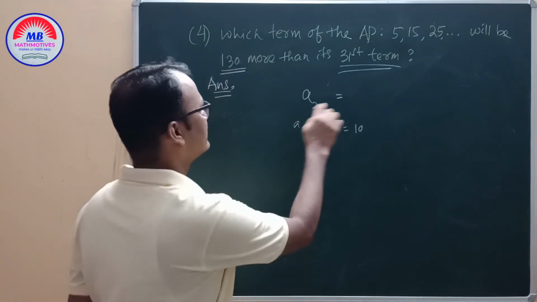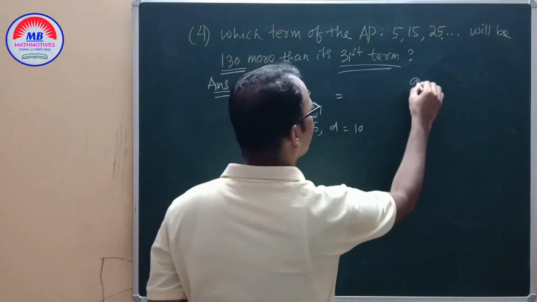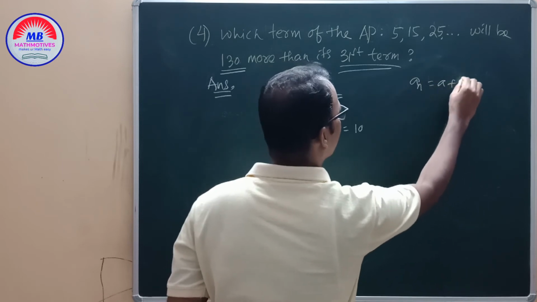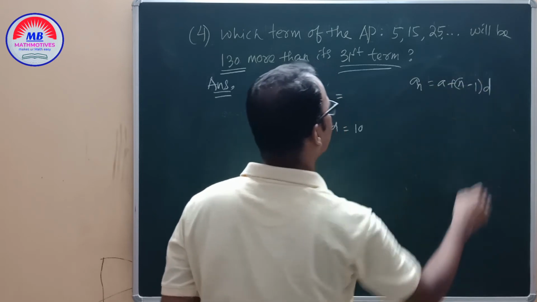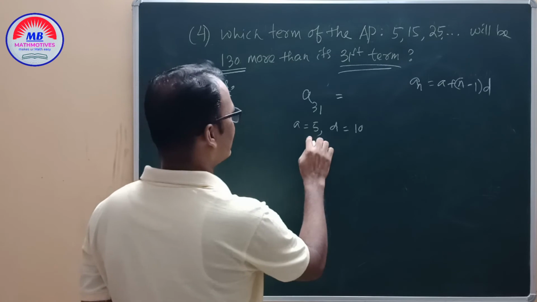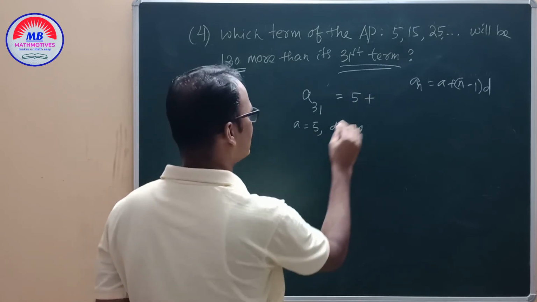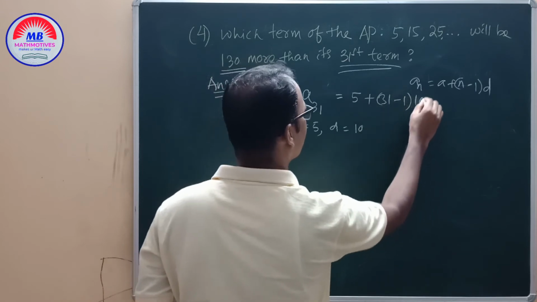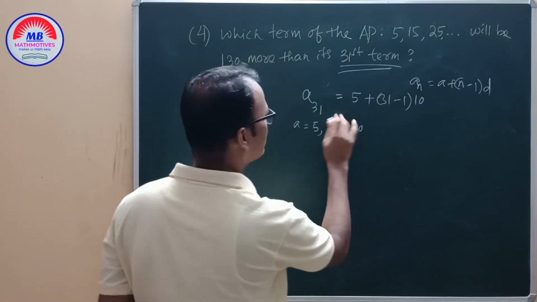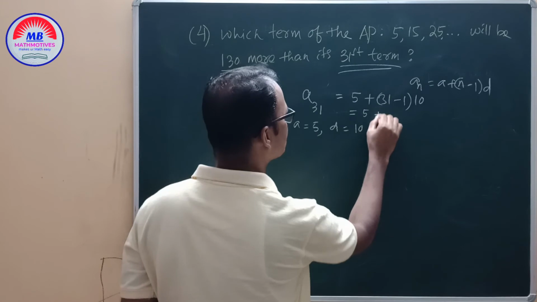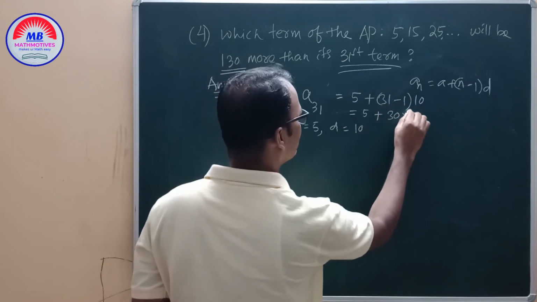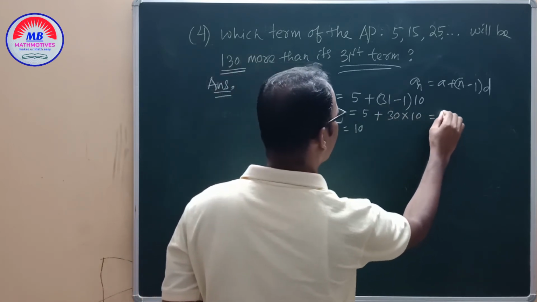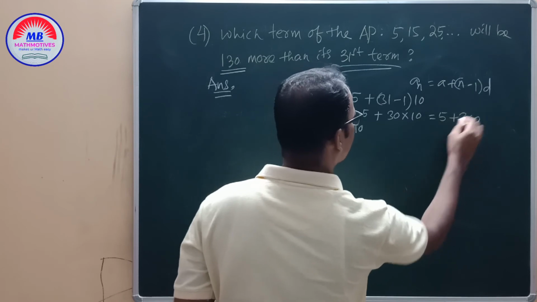Then a31, we know the formula, an equal to a plus n minus 1 into d. So a31, a is 5 plus 31 minus 1 into d, d is 10, that equal to 5 plus 30 into 10, that equal to 5 plus 300.